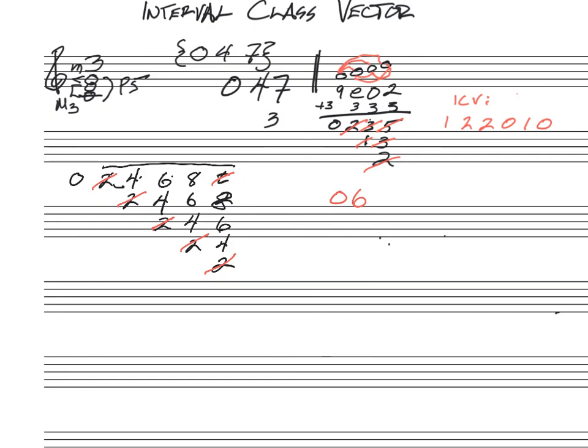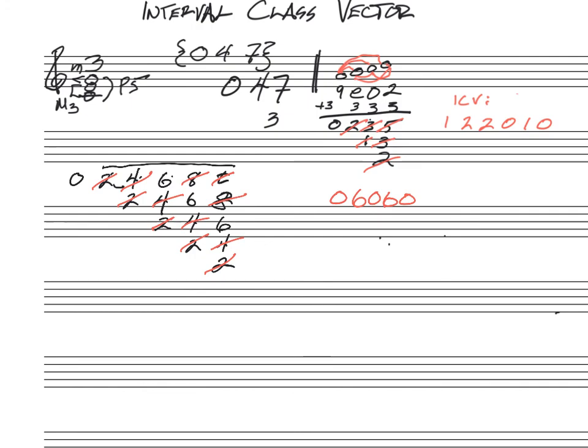Okay. How many major thirds? Interval class 4 or interval class 8? 1, 2, 3, 4, 5, 6. I forgot to include, there's 0 of interval class 3, right? Okay, here's interval class 4. Interval class 5, there are none.